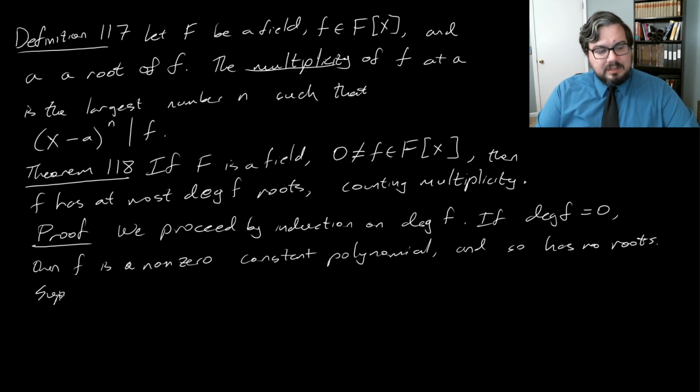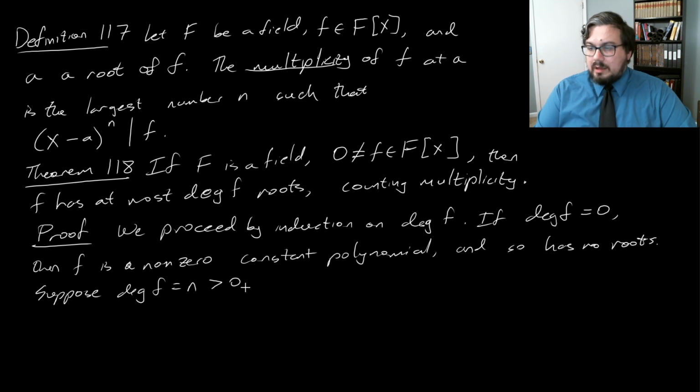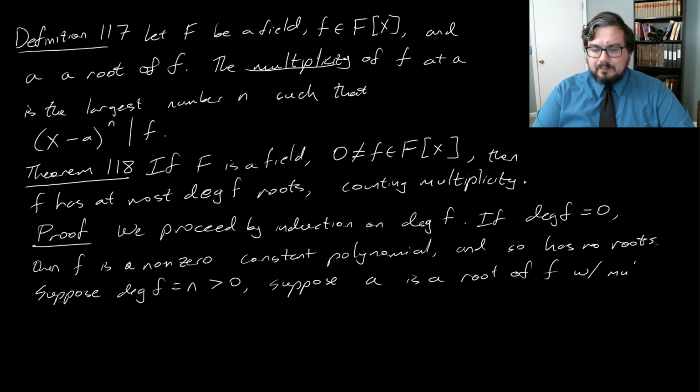When you take a constant polynomial and evaluate it, you always get that constant number back, and by assumption, f is not 0, and so when you evaluate it at any number, you get something non-zero, so it has no roots. So now, let's suppose that the degree of f is equal to n, which is greater than 0, and let's suppose that a is a root of f with multiplicity k.